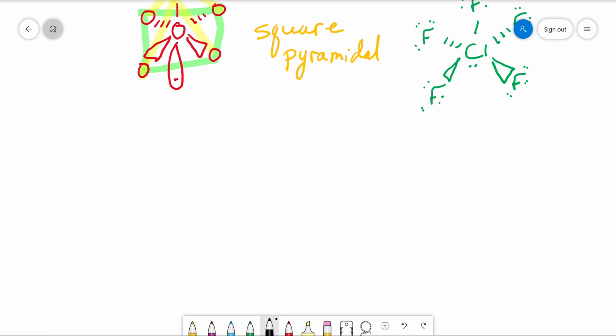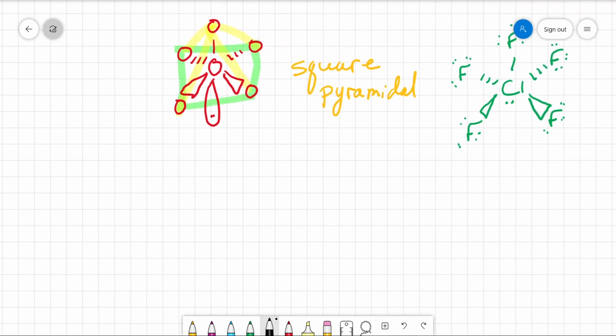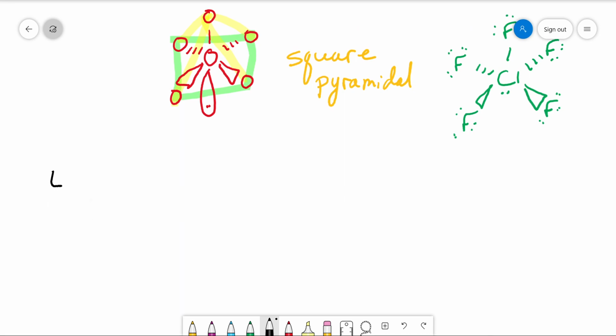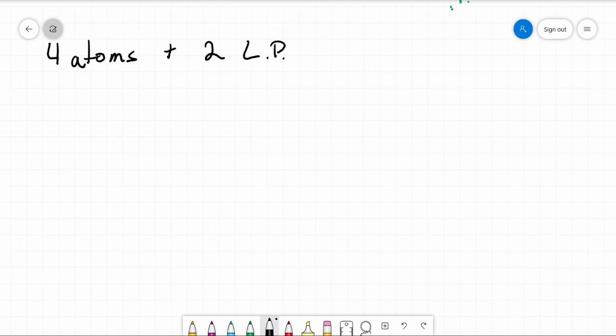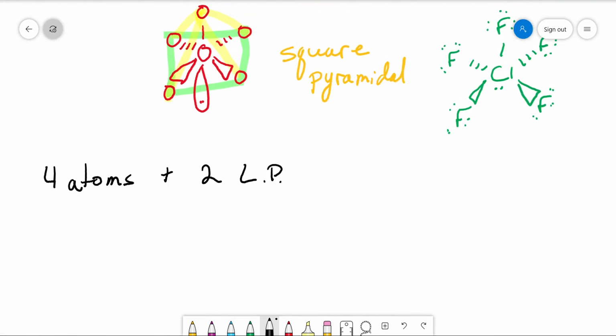And then moving on, we are going to have 4 atoms and 2 lone pairs. Now again, it does matter where we put those lone pairs, because we had 1 lone pair in the square pyramidal up above, and we have to minimize the repulsion.